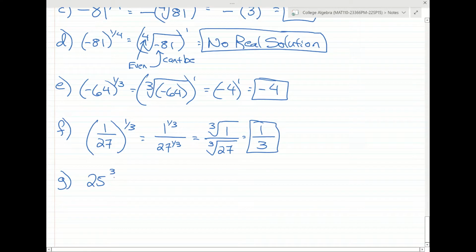25 to the 3/2 means the square root of 25 to the 3rd power.